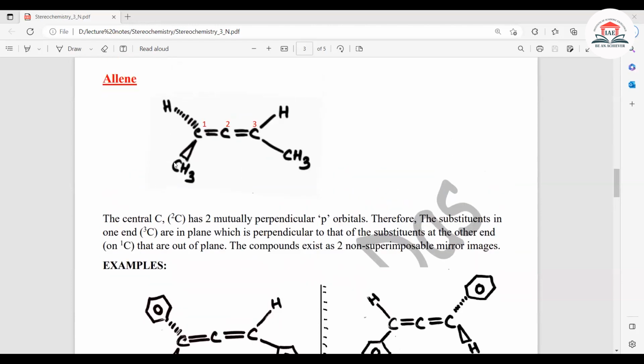At first you will think that this molecule is symmetric because on both carbon atoms the same groups are present, but actually this molecule is not symmetric all the time.